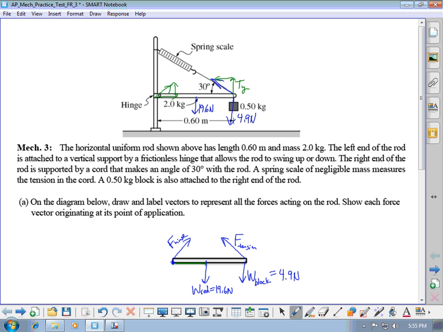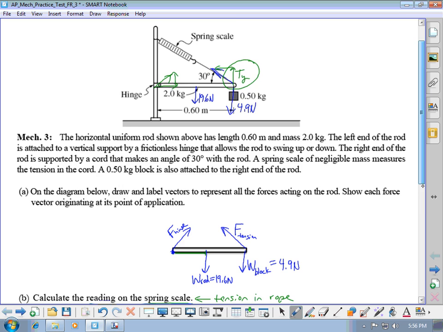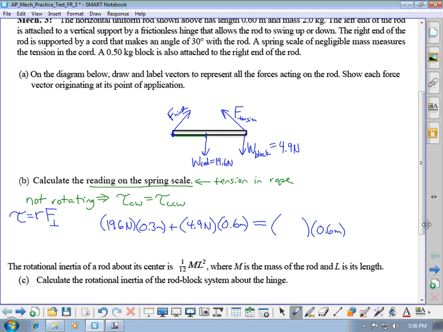I only want the perpendicular component of that tension, so that's Ty in that drawing. You don't want to label that in your drawing in part A. They don't want to have that extra information there.